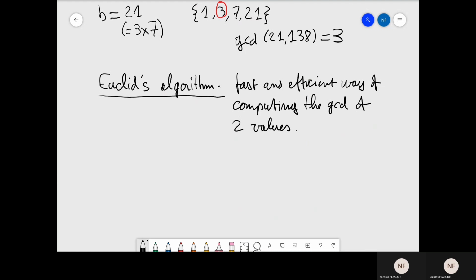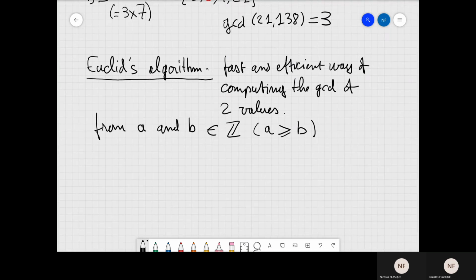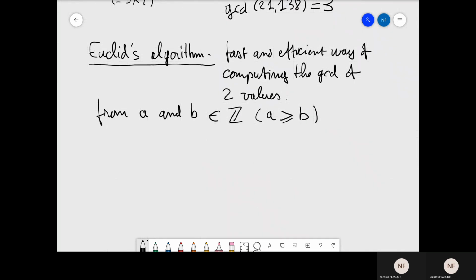For example, from A and B, which are both integer numbers, let's assume that A is greater than or equal to B. Then Euclid's algorithm is simply building a little table with 3 columns.